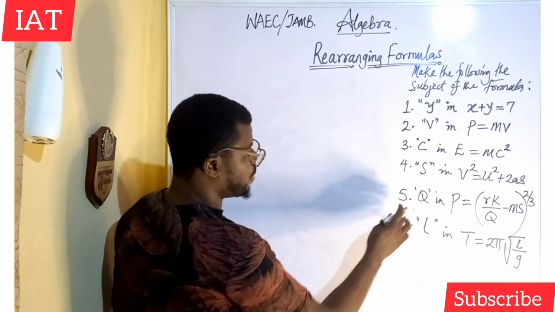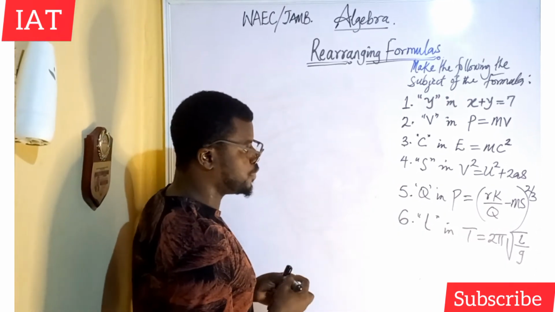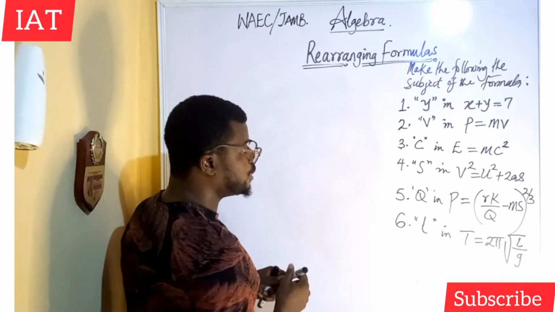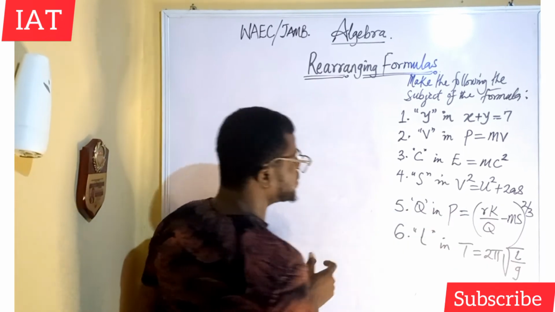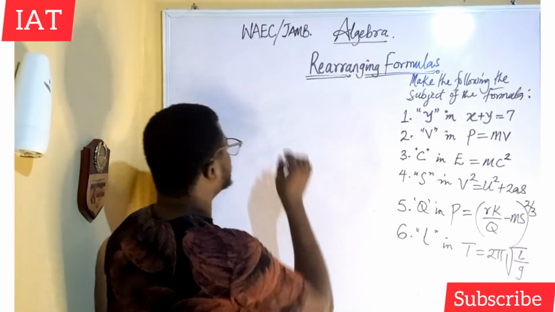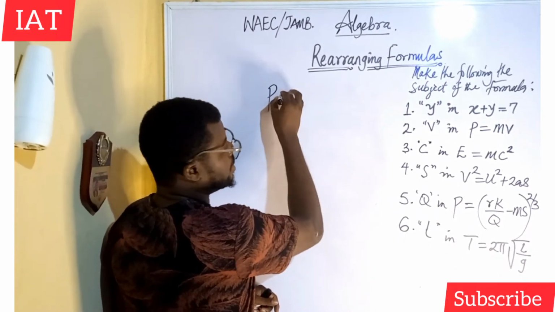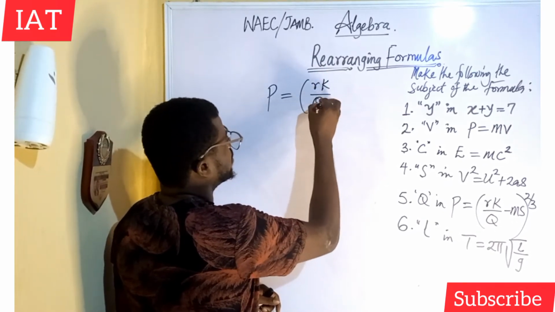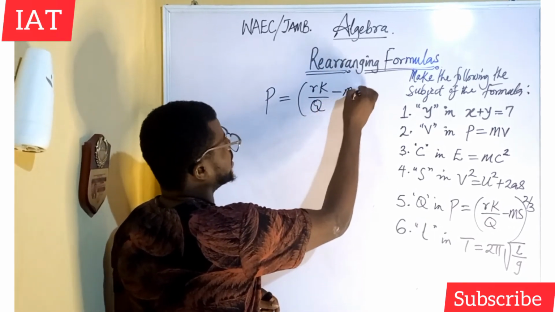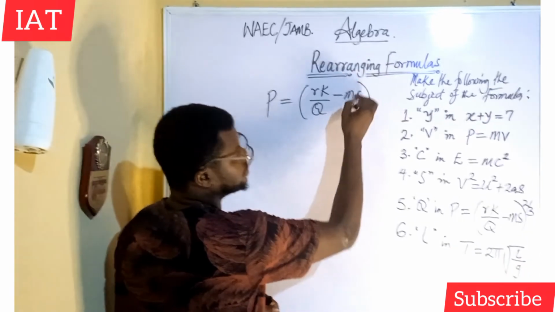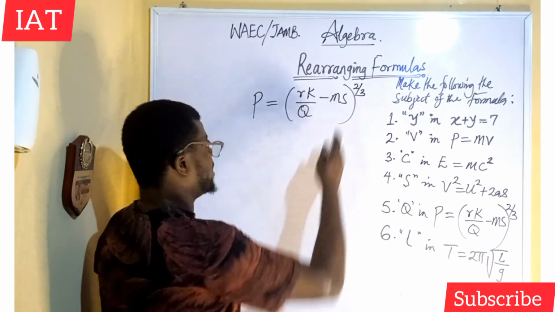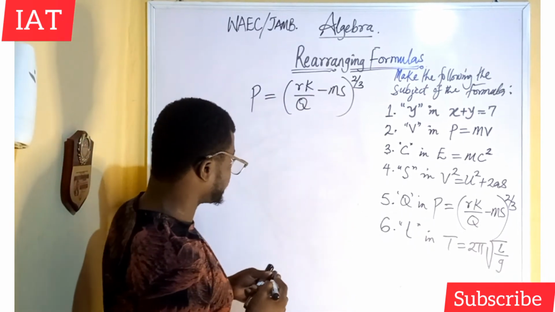The first step, we have to make Q the subject of the relation, or to make Q to stand all by itself. And in order for us to achieve that, we are going to do something very important. We have a bracket that has this expression, and it is raised to the power of, it has an index of 2 over 3.